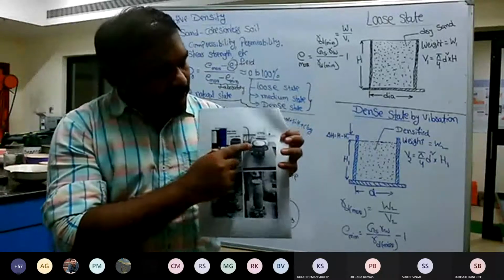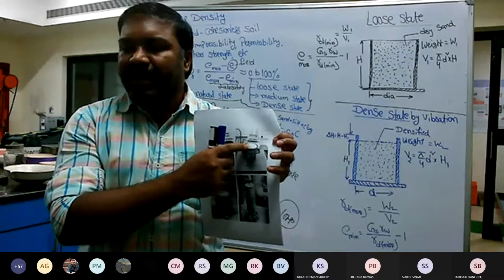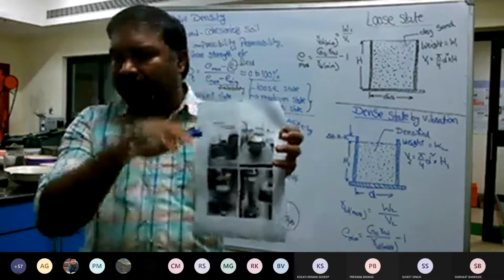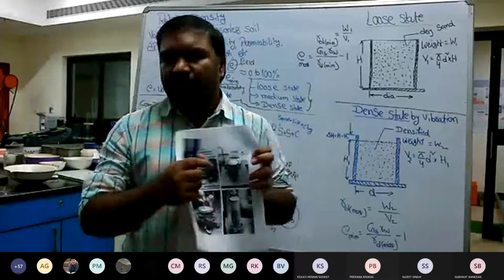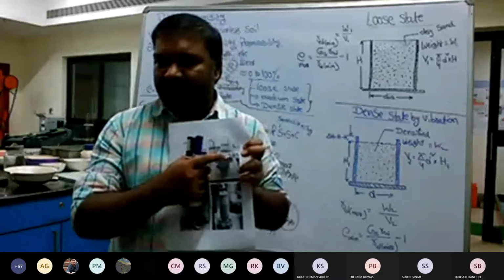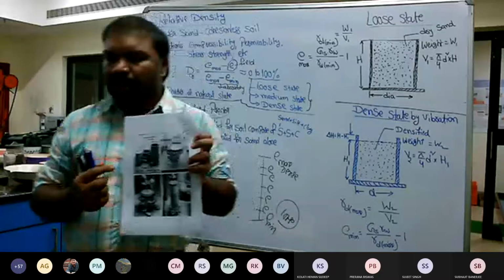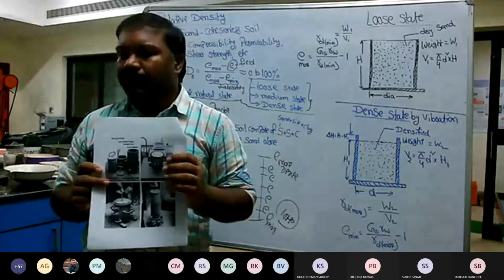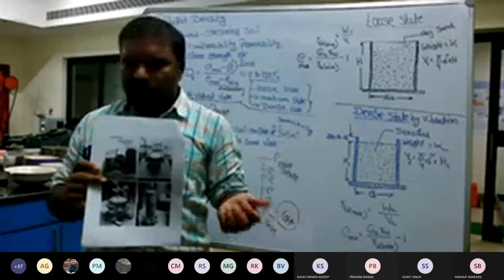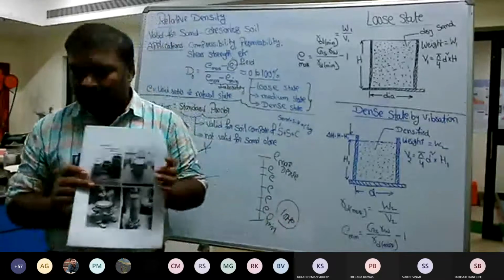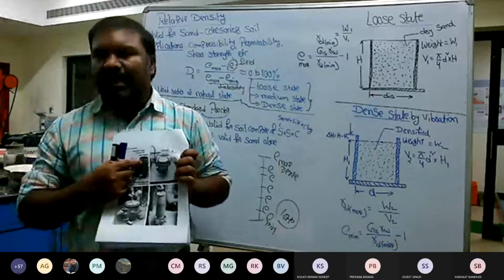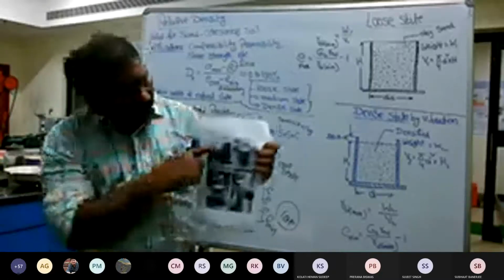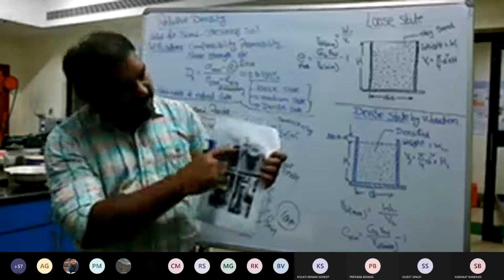But look, I am hardly maintaining any gap between the brim and the soil surface. So if I put any surcharge weight directly on top of the mold, there is again a possibility of the surcharge weight falling down because of the perturbation. So I need to have some other mechanism. That mechanism is called a sliding sleeve protection. So this is called a guide sleeve.